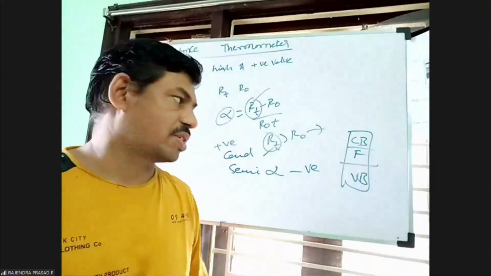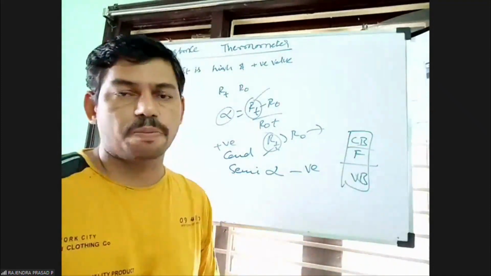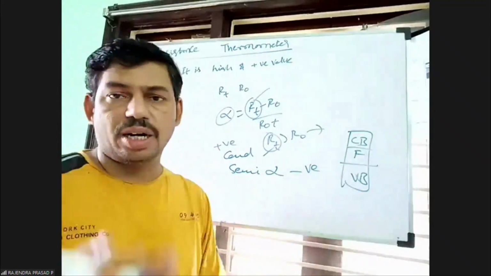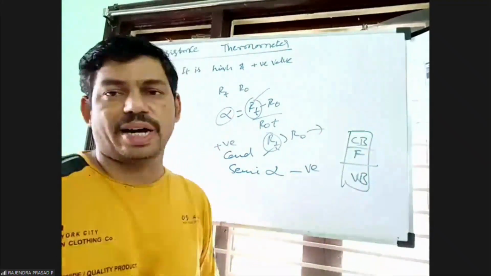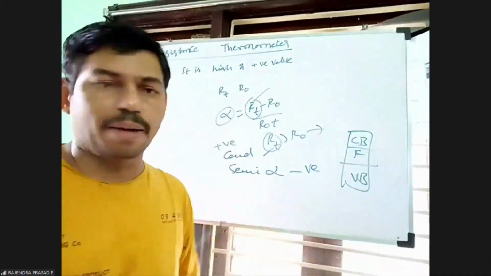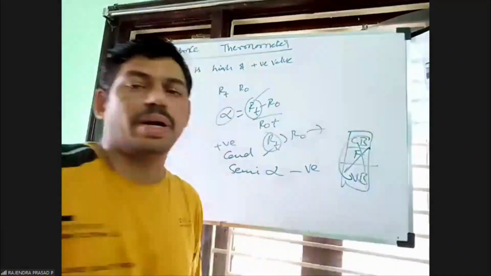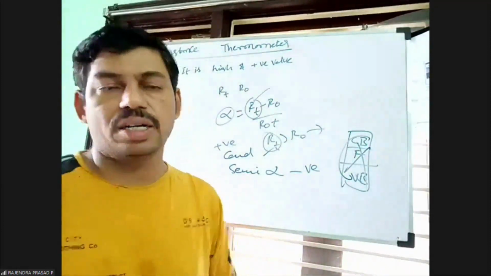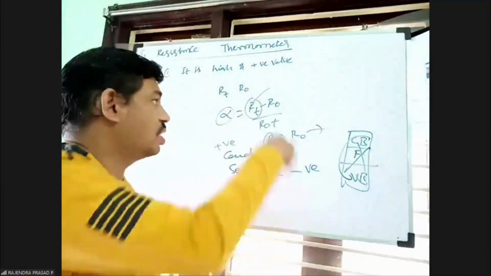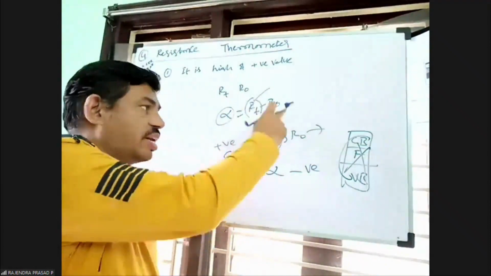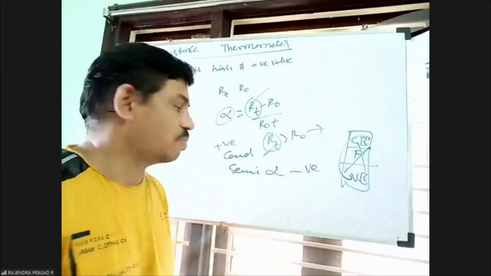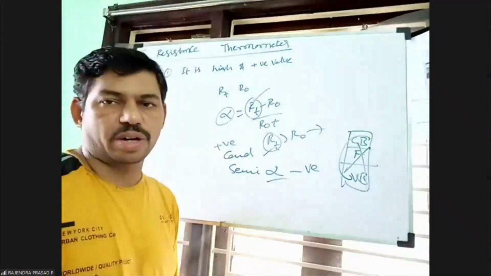At ordinary temperature, electrons do not flow from the valence band to the conduction band. When heated to high temperature, electrons flow from the valence band to the conduction band, so the semiconductor behaves like a conductor and resistance decreases. So R_T decreases, and alpha is negative.